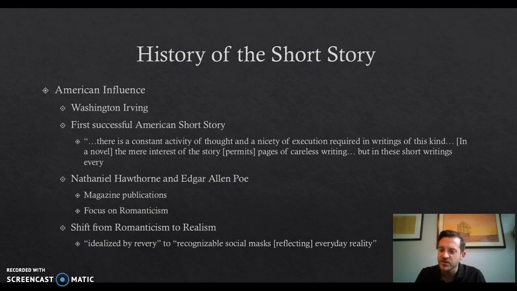The interest of people who were reading shifted, and writers who were creating shifted their focus from this idealized fantasy, which still may have been dark and horrific, to just beat by beat human life and typical human experiences.